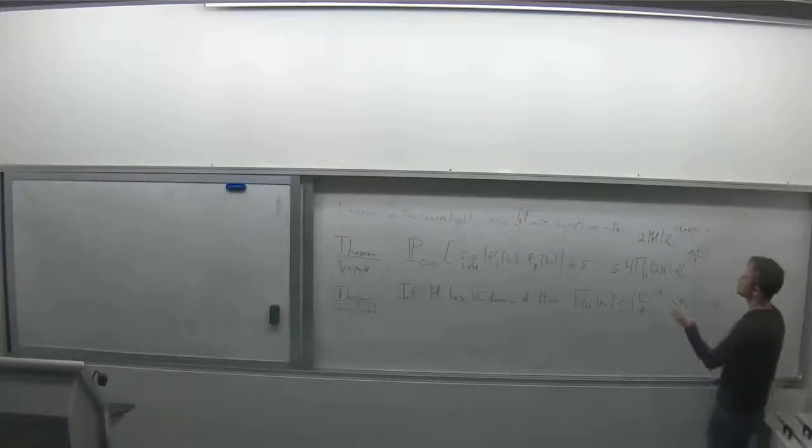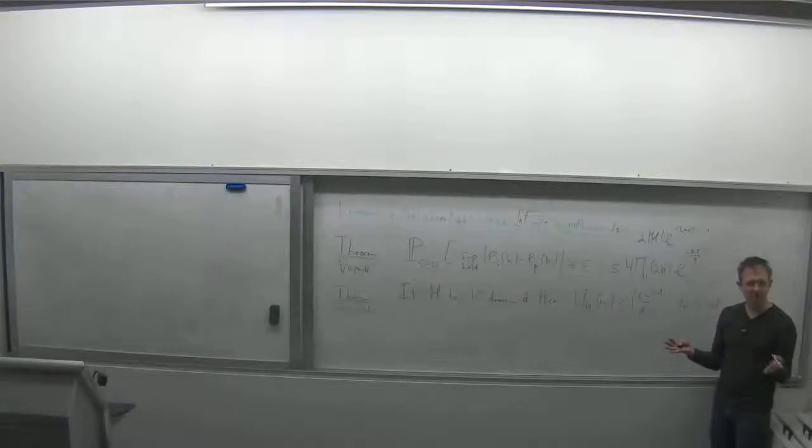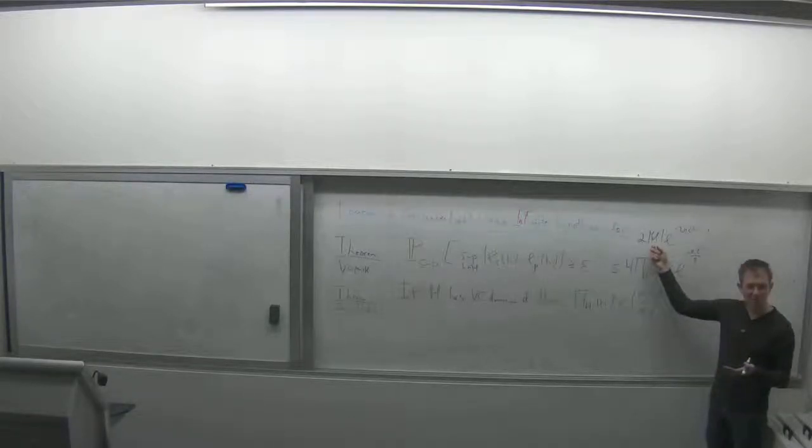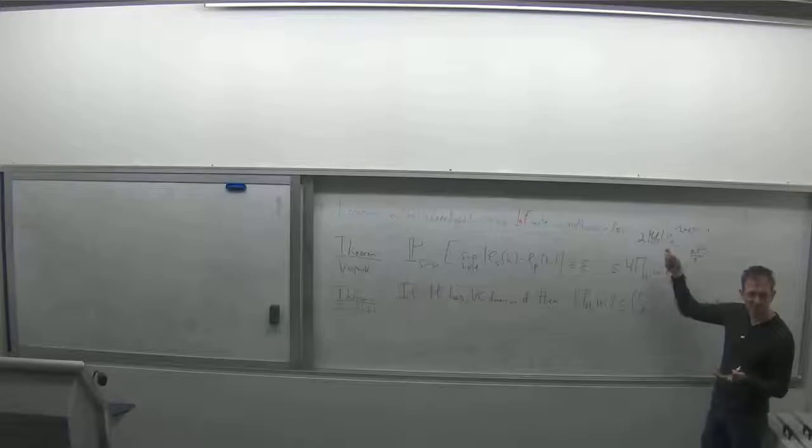So it makes sense, right? If you have a finite hypothesis class, then the most number of different labelings you can assign is just the number of hypotheses. So this clearly upper-bounds this in the finite case. Okay?